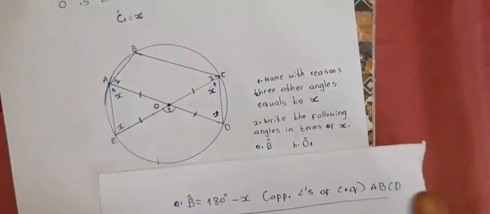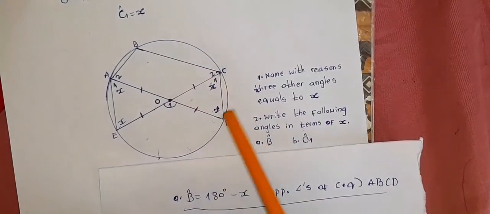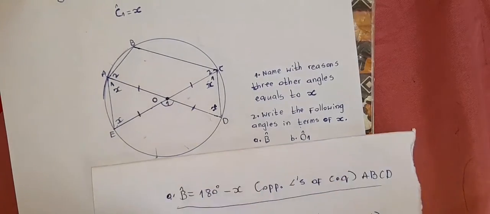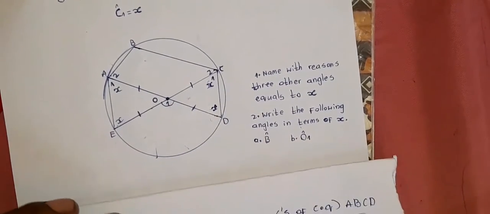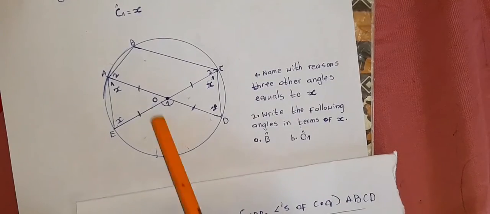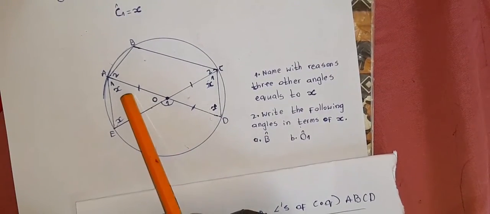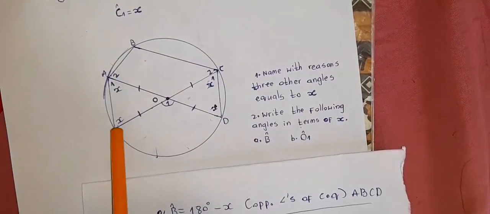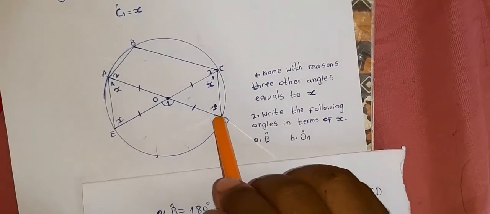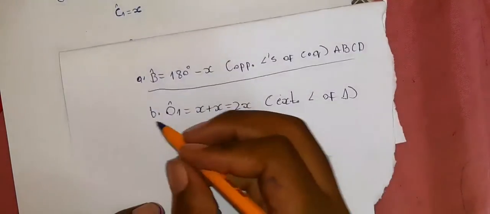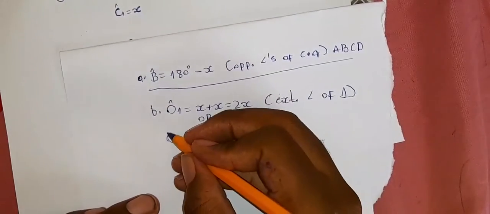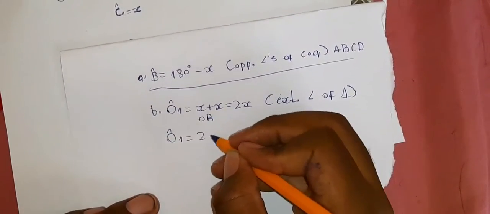You can specify the triangle, for example triangle COD, or you can say this O1 here is 2 times this angle here. So at the end of the day, angle O1 is 2x.